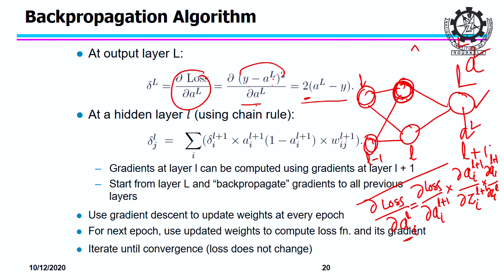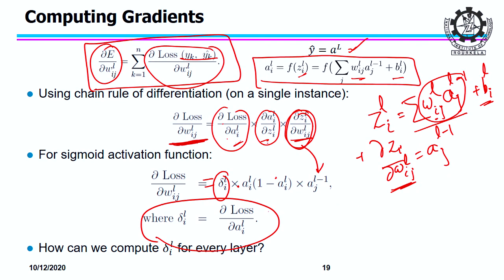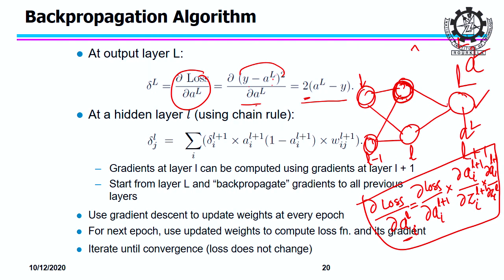So, now I have to compute this part here. This one we have already computed, right, because in the earlier case if you go back here, we computed delta A I L with respect to Z I L. So, if you put A L plus 1, it will be the same thing here. So, the second part will remain the same; this is the second part.